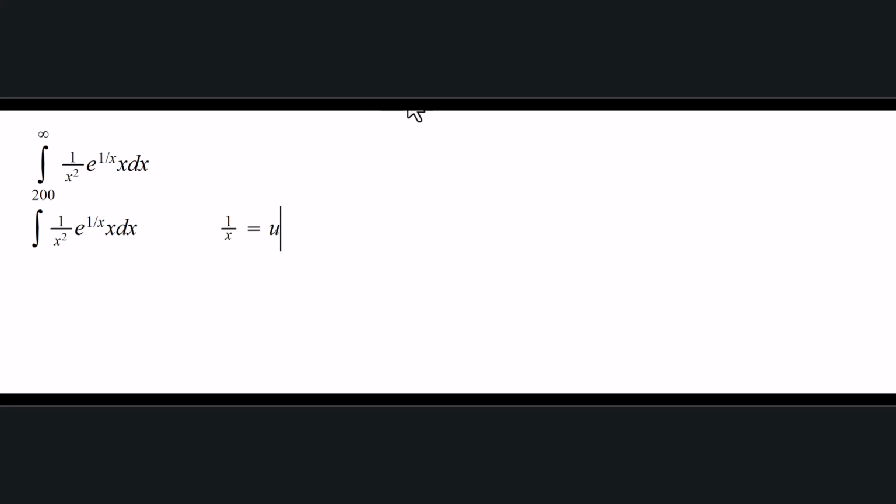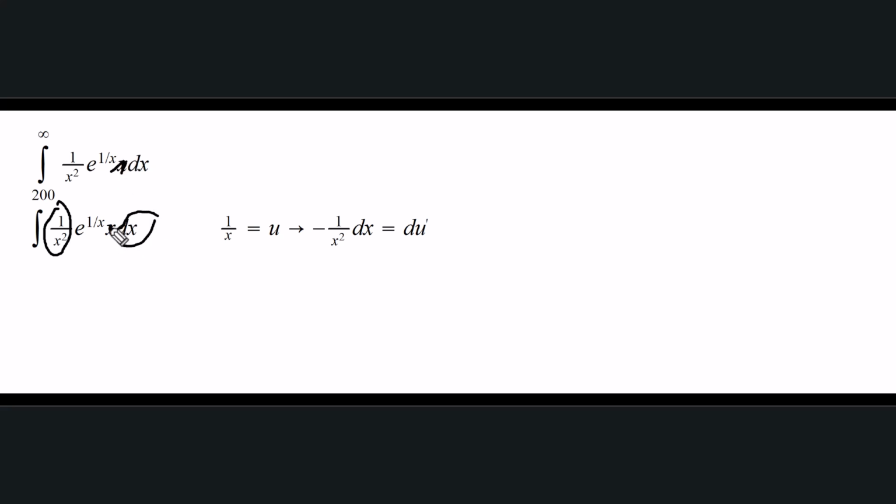So negative 1 over x squared dx will become du. What we find here is that this portion combined with this, and I don't know where this x came from. That's a typo.